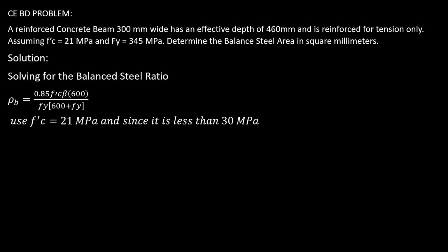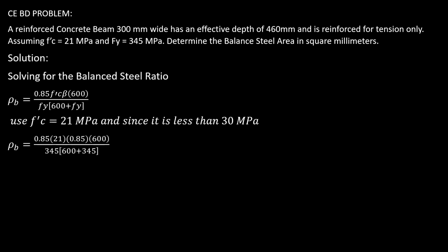Take note of that. For the beams, we always use beta as 0.85. And then our Fy value is equal to 600 megapascal. Our f'c is 21 megapascal. Then we can do the direct substitution so that we can solve for the balanced steel ratio.